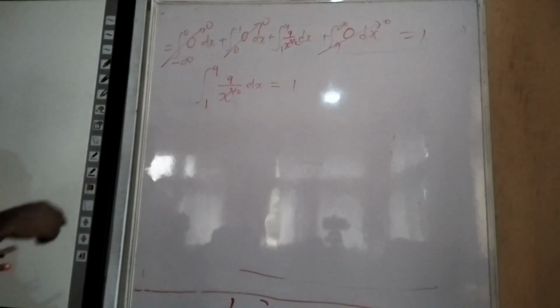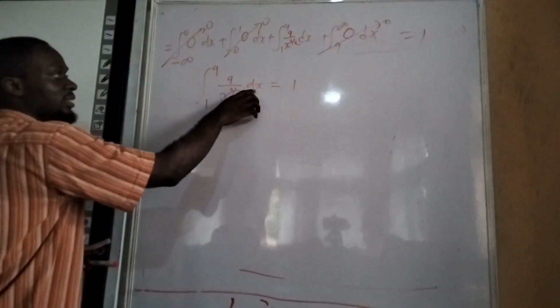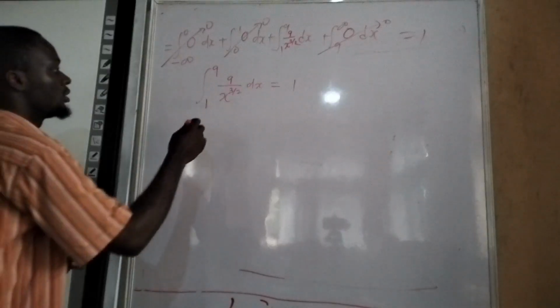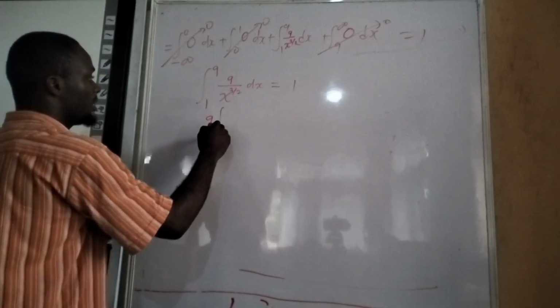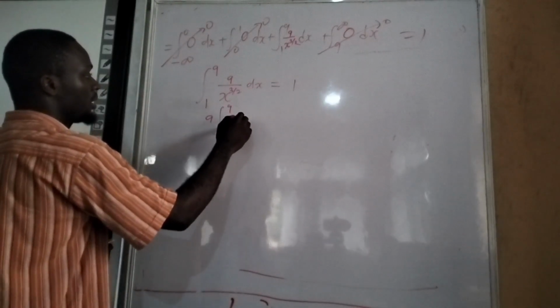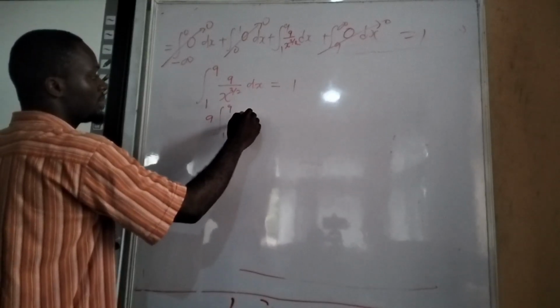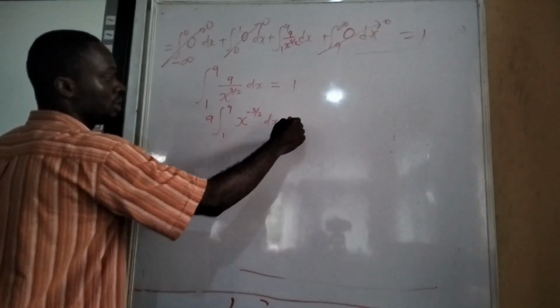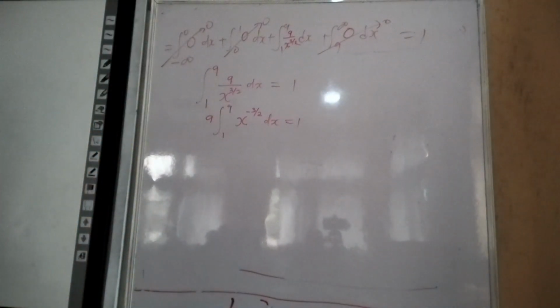So since we are integrating with respect to x, a is a constant. Bring it outside. So we now have a times the integral from 1 to 9 of s to the minus 3 over 2. What will be easy for us to integrate? Like this. So integration means add 1 to the power and divide by the power.